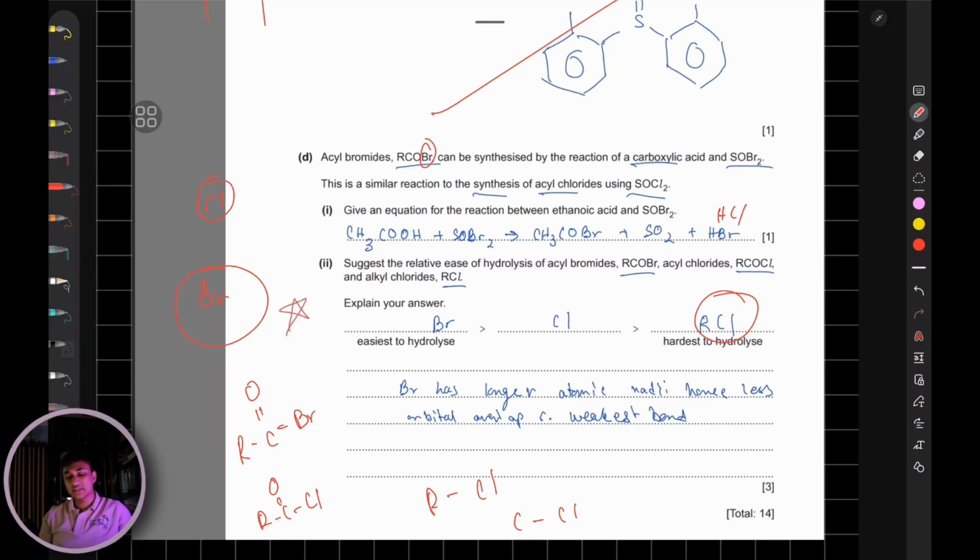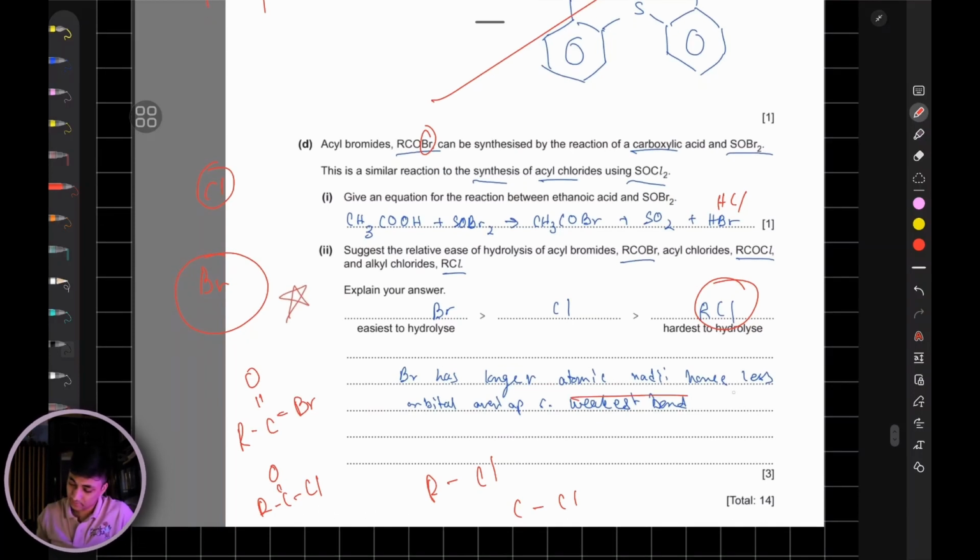The other thing is, due to its larger atomic radius, it has less orbital overlap with the carbon atom, due to its greater radius. Now, due to lack of this overlap, the strength of the bond is less, right? The strength of the bond is less.